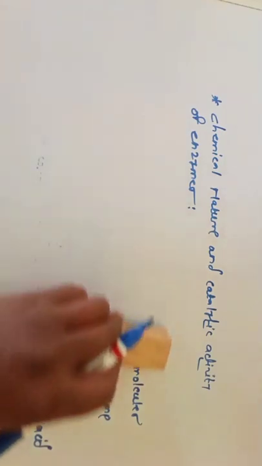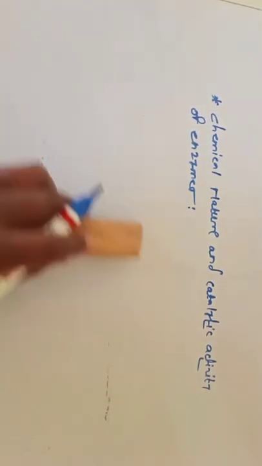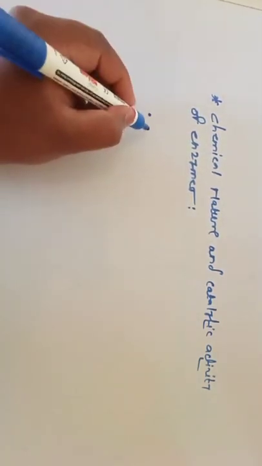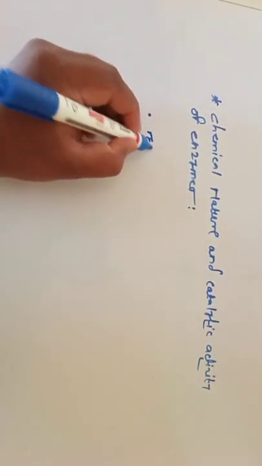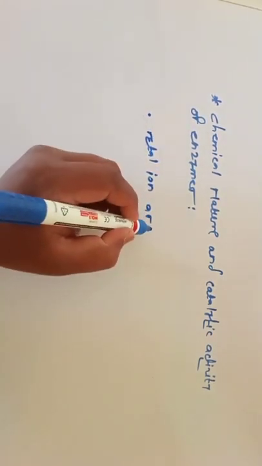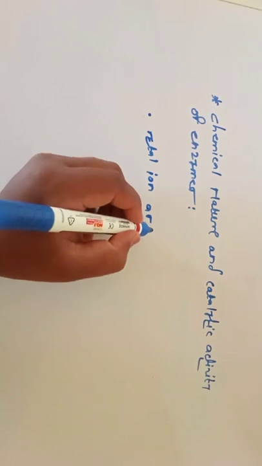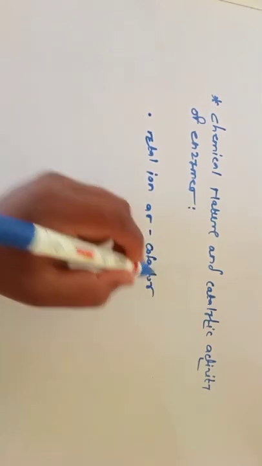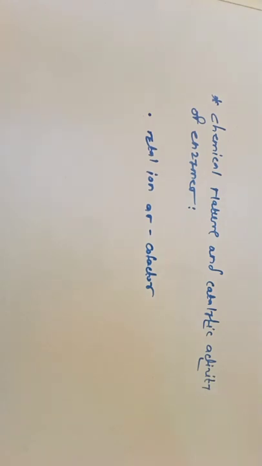So let us discuss the second, that is metal ion activator. In some cases the cofactor can be a metal ion. So the cofactor may be a metal ion, and metal ion as a cofactor is known as metal ion activator.